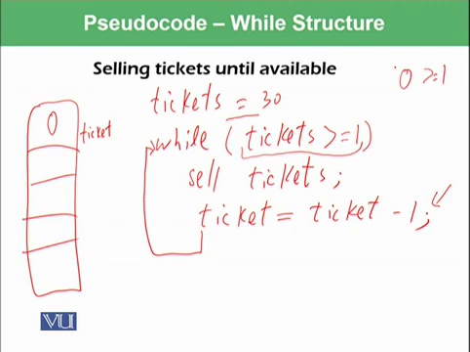Here the condition terminates, and whenever the condition terminates, the loop goes outside of its body. This while structure has only two statements, and whenever its condition is false, the structure comes out of the repetition.